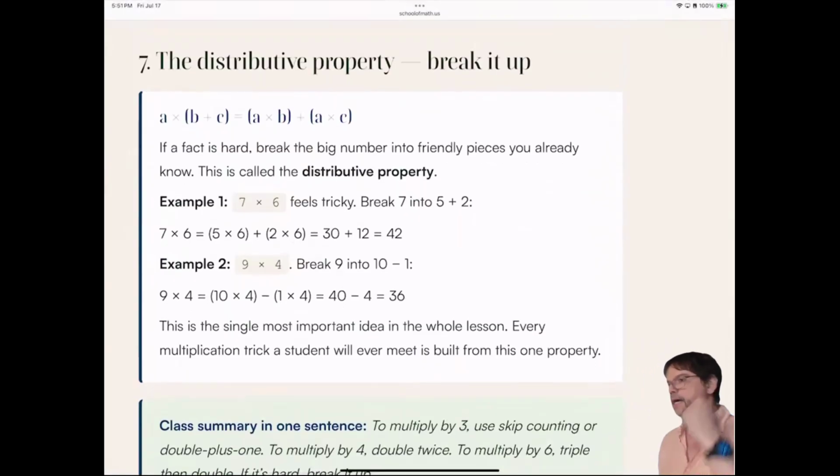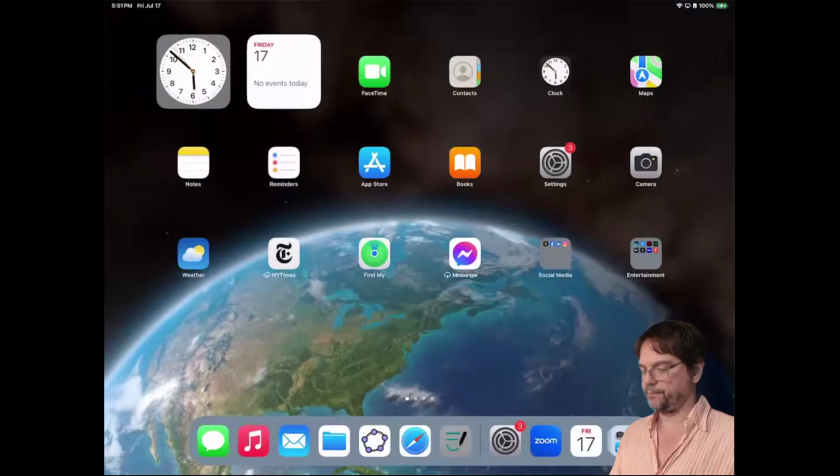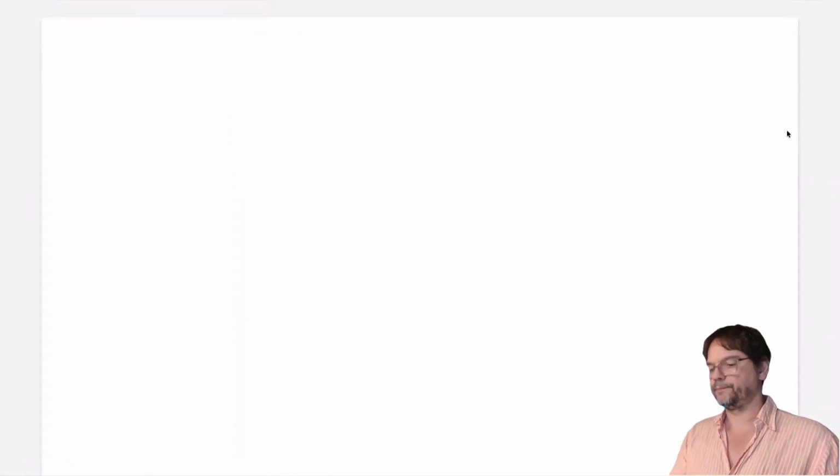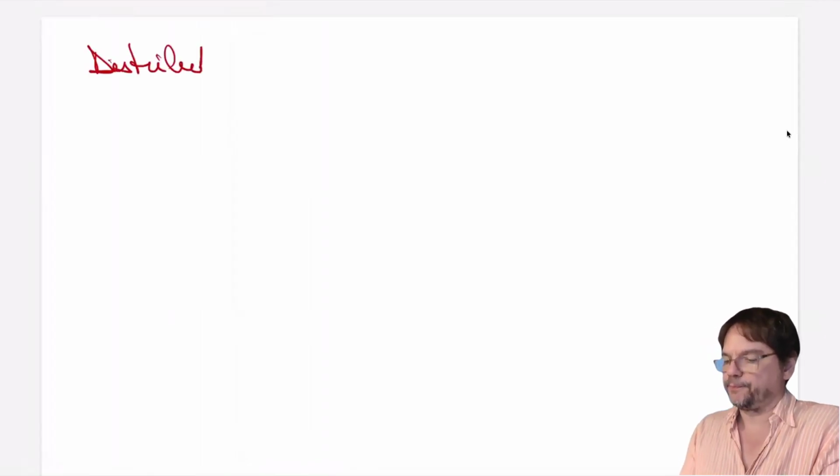Okay. Now we will see something a bit more abstract. Okay? Distributive property.